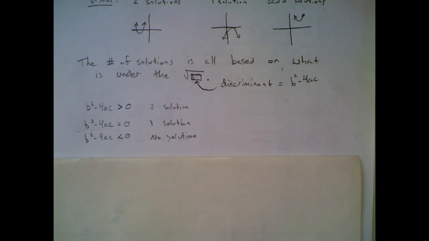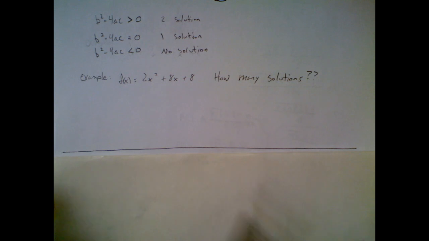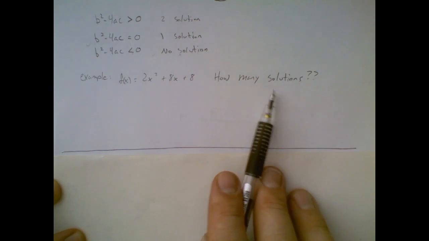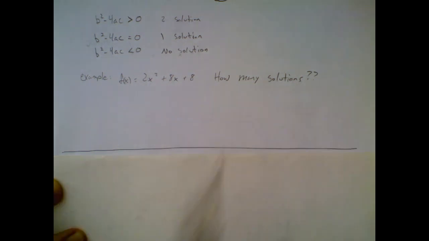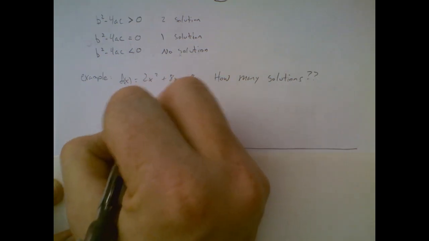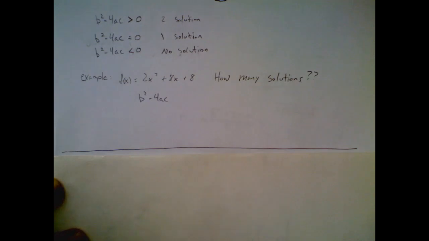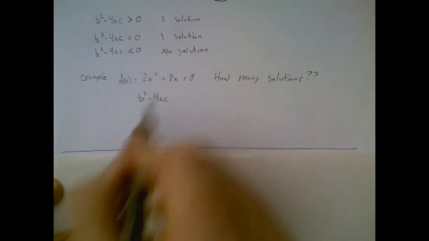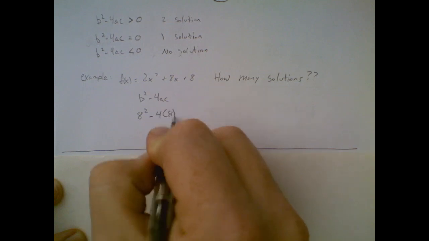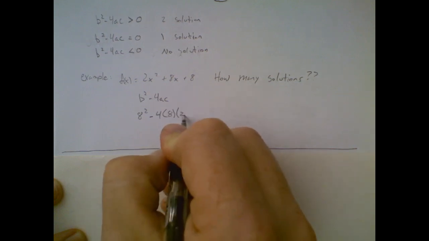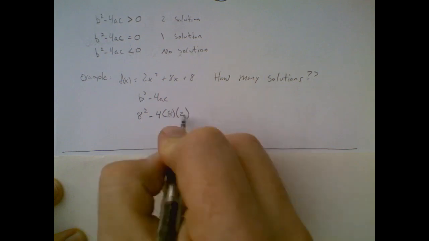Okay, so we're going to go through some examples, and again, pause the video and give it a try before I do. If the question is how many solutions, it doesn't want to know what the solutions are, just how many there are going to be. So here's our problem. All we need to do is look at the discriminant. What is b squared minus 4ac? b squared would be 8 squared minus 4 times 8 times 2, 4 times a times c.